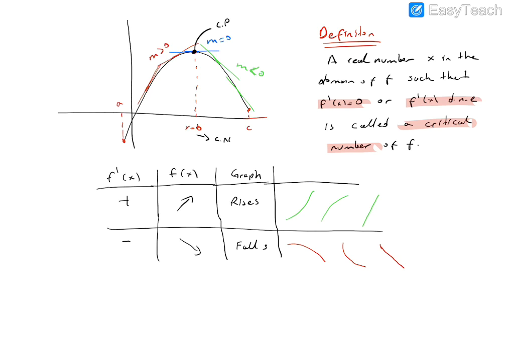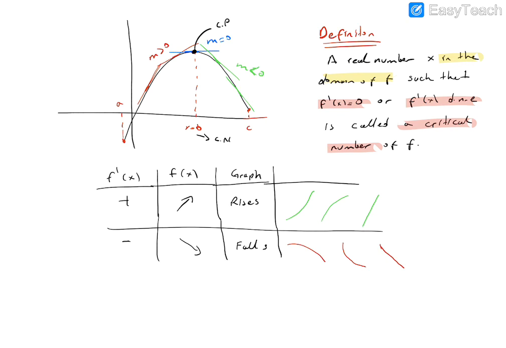In chapter 2 we also mentioned the partition number, so maybe I should say something here. The critical number of f belongs to the domain of f, and the critical numbers are partition numbers for f prime. But f prime may have partition numbers that don't belong to the domain of f, so these numbers are not critical numbers of f.